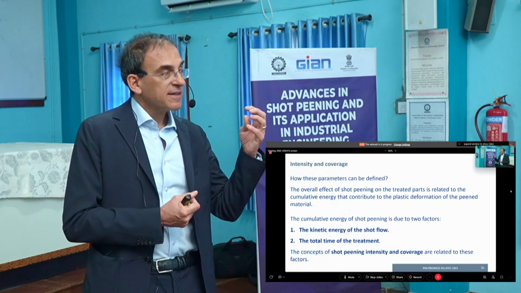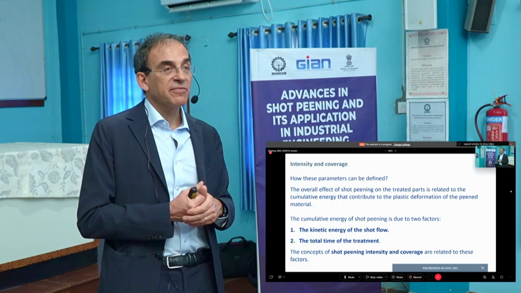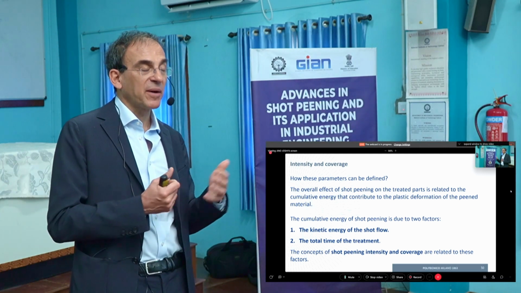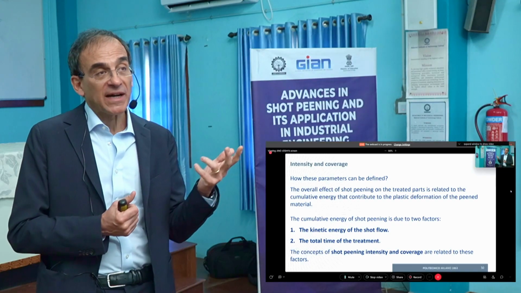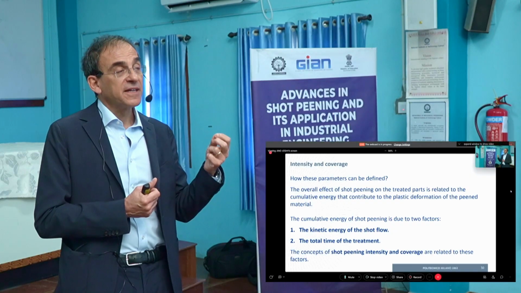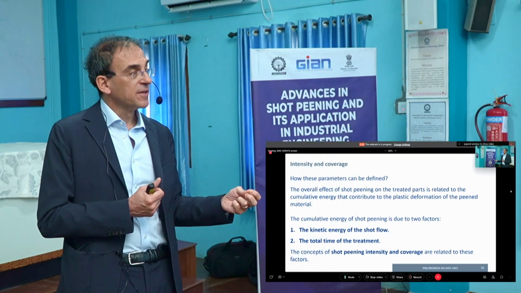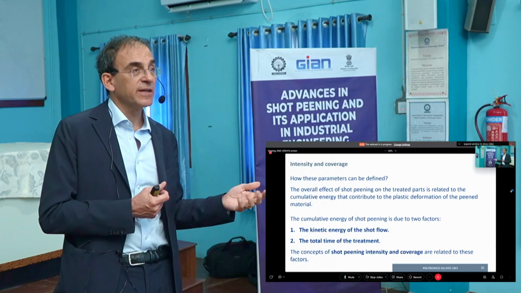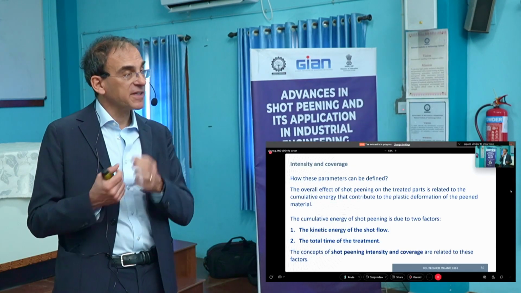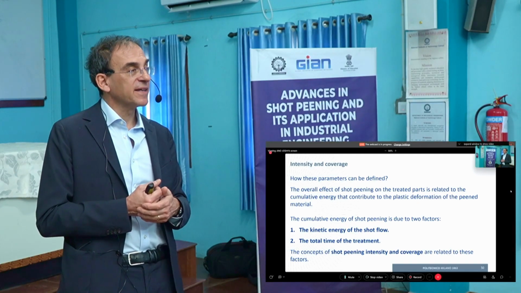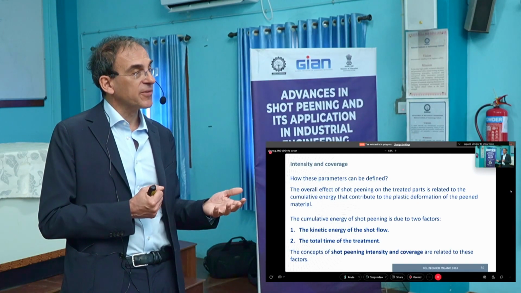And we can define the cumulative energy of the shot peening process in two factors. The first is the kinetic energy of the shot flow. This can be due to the turning speed of the wheel, or to the pressure of the air we are using, but we are applying some kinetic energy to the shot flow.